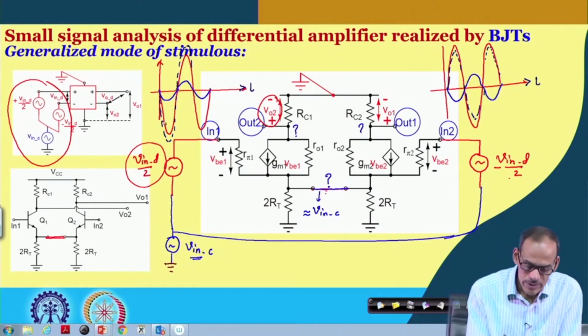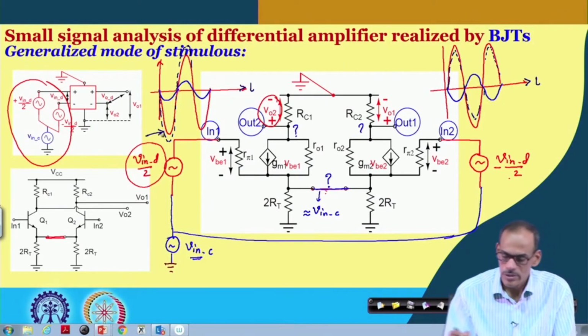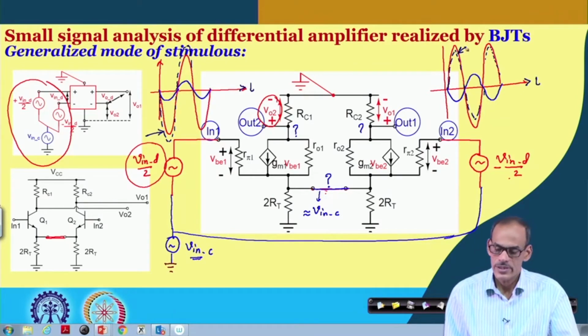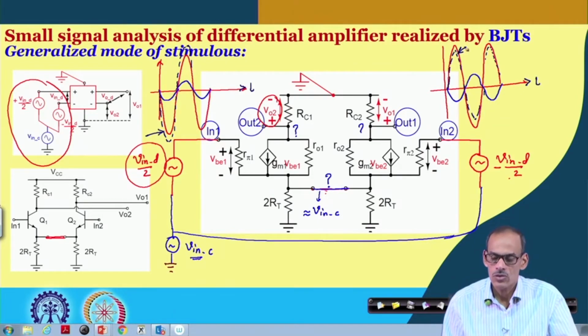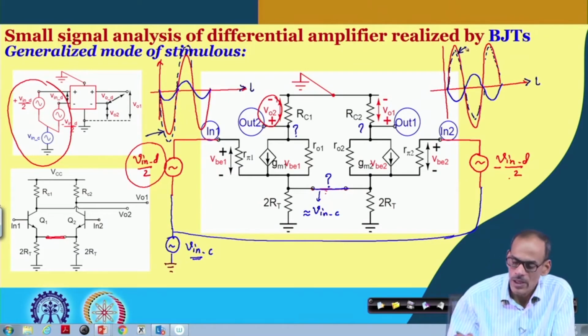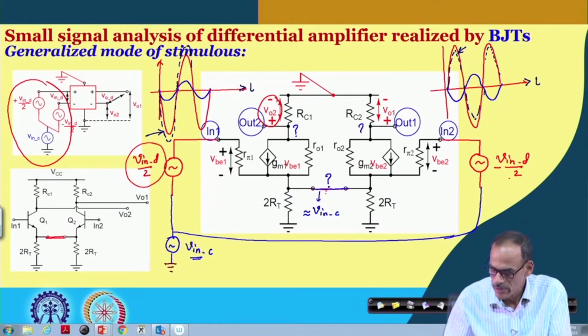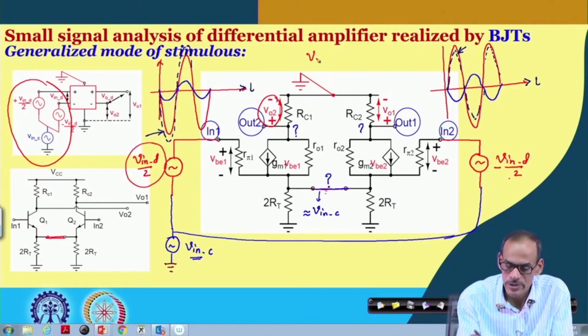You can see that this amplitude is slightly higher because the common mode component is coming there, and this signal is slightly less than the red color. So, at the output we have both differential as well as common mode parts present.